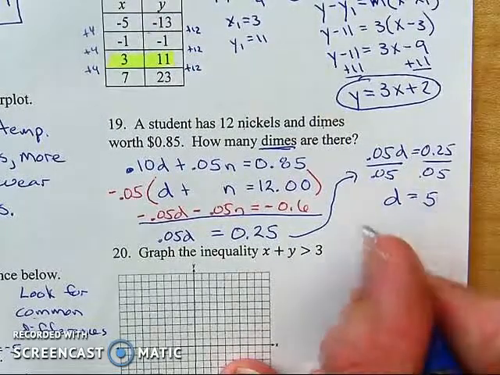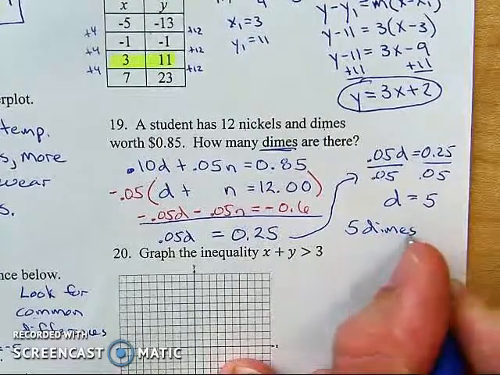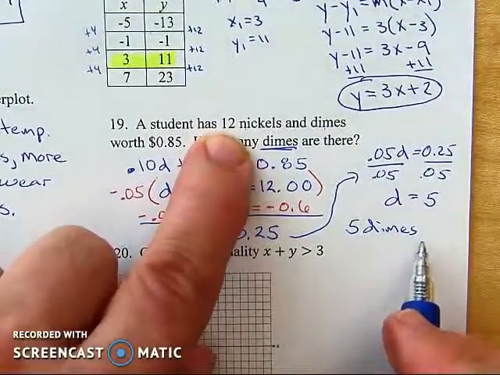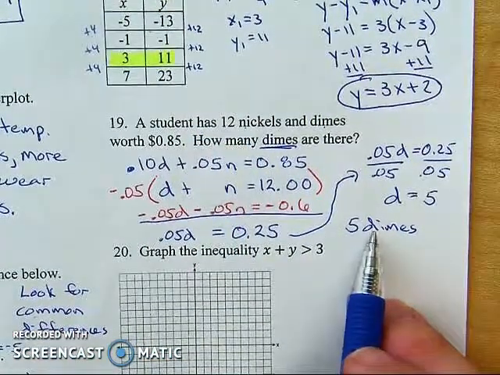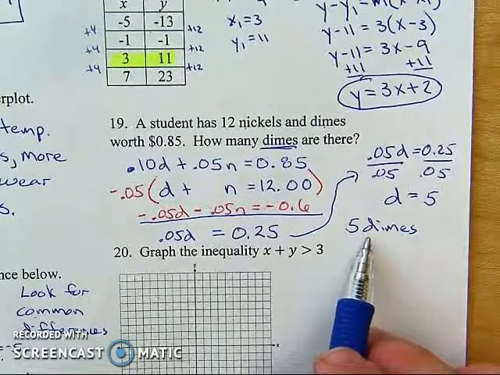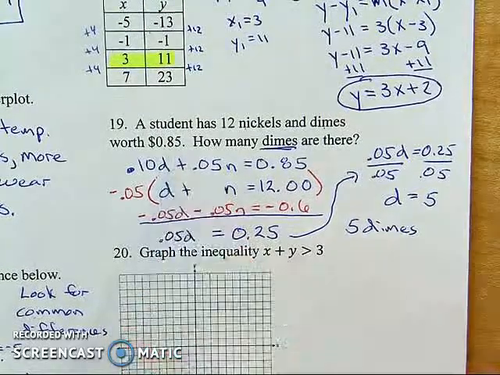So there are 5 dimes, and we all know 5 dimes is 50 cents. There's 12 total coins, so that means there must be another 7 nickels. Nickels are 5 cents each, so that's 35 cents. 50 cents plus 35 cents is 85. So it makes sense.